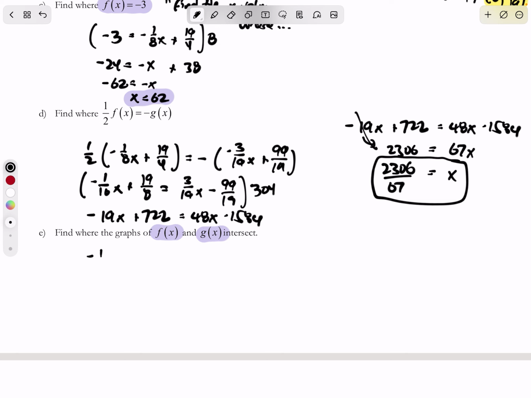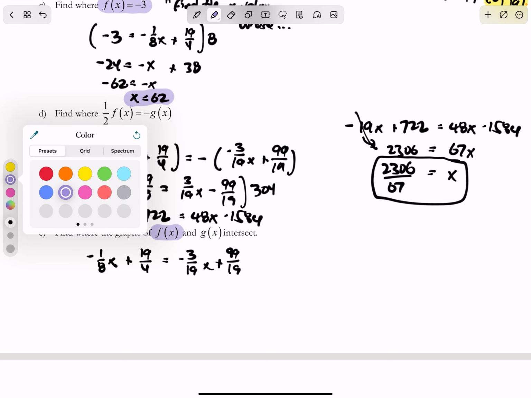So negative 1/8 x plus 19 over 4 equals negative 3 over 19x plus 99 over 19. Right, that one side is f of x, the other side is g of x.